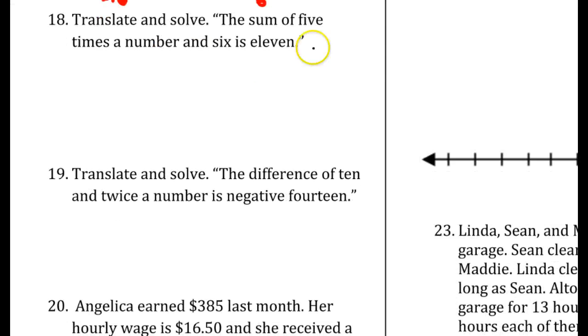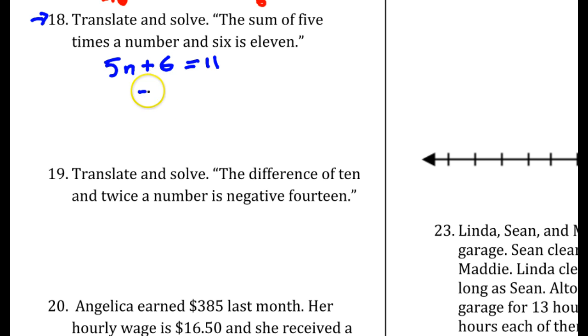Okay, translate and solve. Time to read directions. So we got two steps. First translate and solve. Got to do both. Okay, the sum of 5 times a number and 6 is 11. 5 times a number and 6, the sum, so that's addition, equals 11.